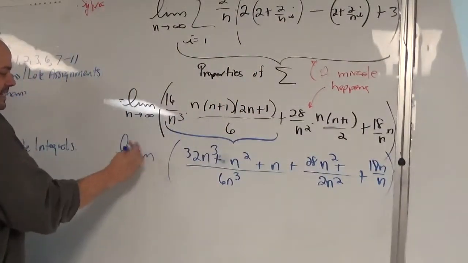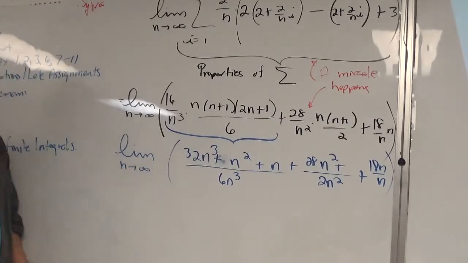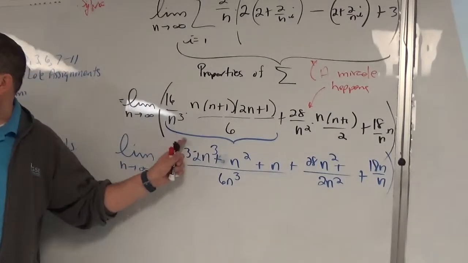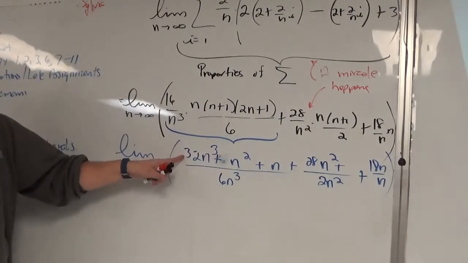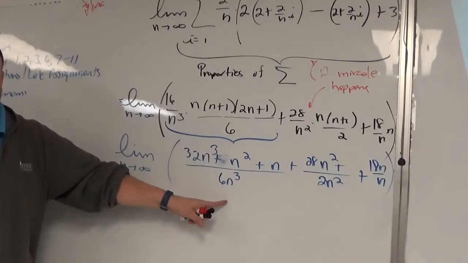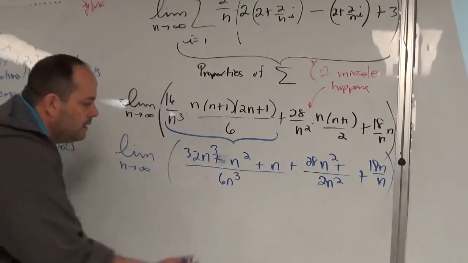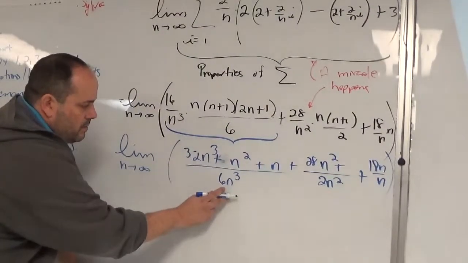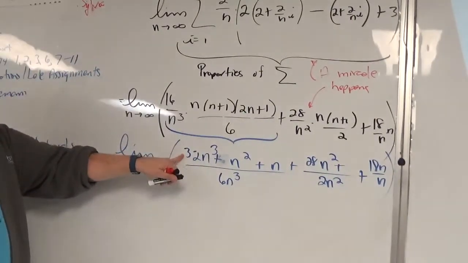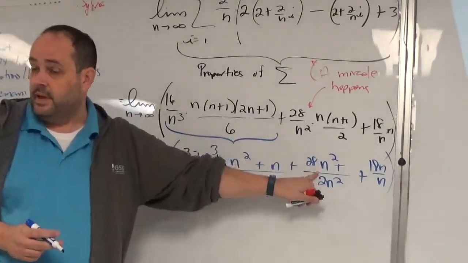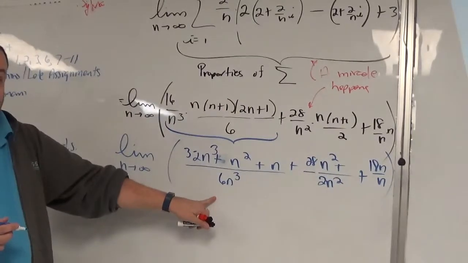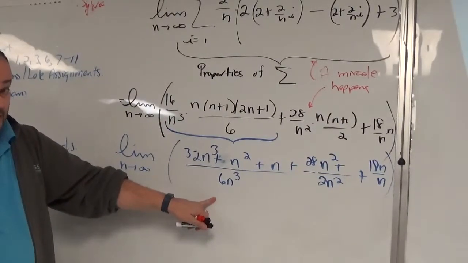Because we're taking the limit as n approaches infinity, the only thing I actually care about are the big exponents. 32n cubed, 6n cubed. What's the limit? 32 divided by 6. 32n cubed plus smaller stuff divided by 6n cubed, the limit. There was a trick for finding the limit. You guys know the trick.